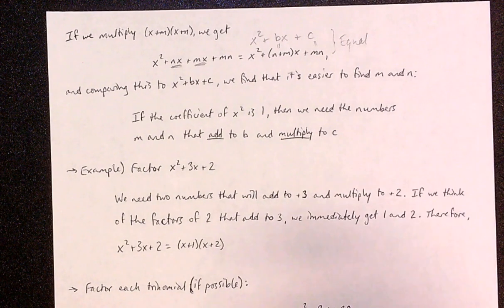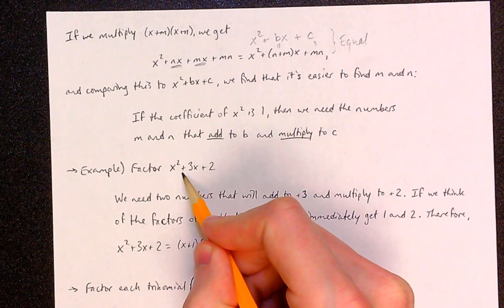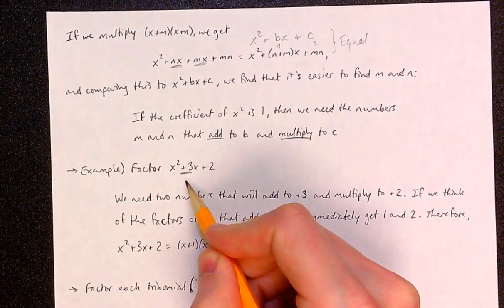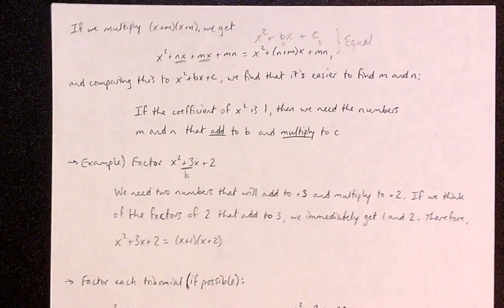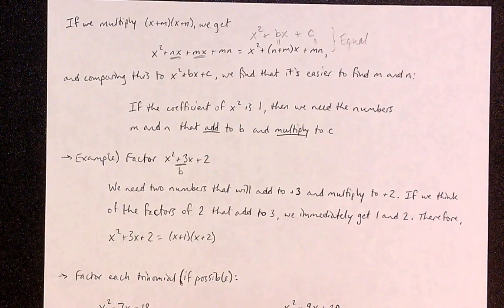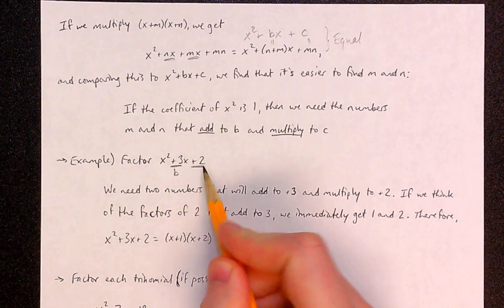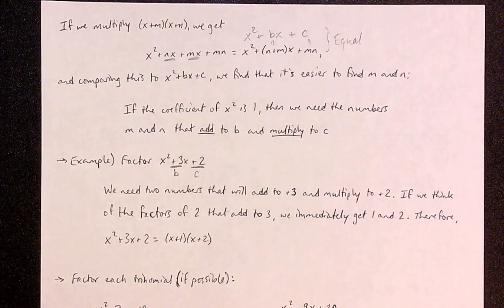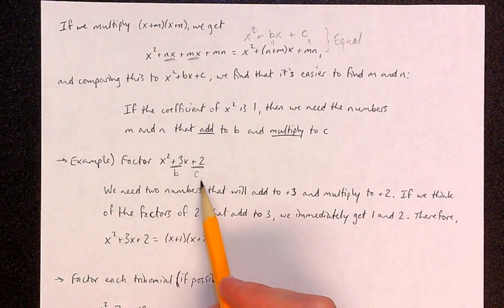The b value is the number as well as the sign in front of your x. So plus 3, that's my b value there. The c value is the number and the sign that is at the end. So in this case, plus 2.